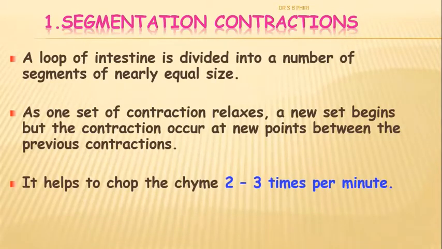As one set of contractions relaxes, a new set begins, at a new point between the previous contractions. This facilitates chopping of the chyme and mixing it with the secretions, about 2 to 3 times per minute. So they are simply mixing the chyme.